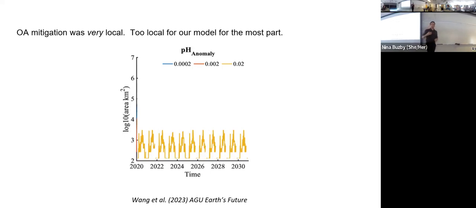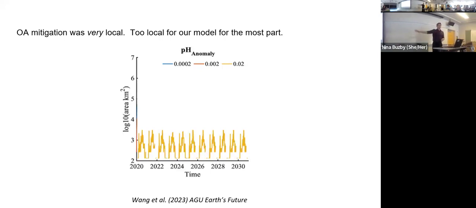And the number goes from 2 to 3.5. So that represents 100 to a couple thousand square kilometers within the model of surface area that had been mitigated by that amount of ocean acidification mitigation. You can see that the line keeps dropping out. And when that happens, it meant that not even a single grid cell had that amount of ocean acidification mitigation.